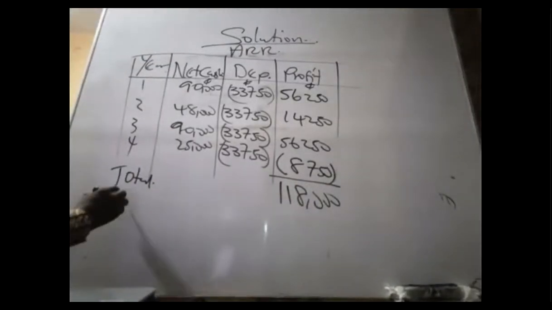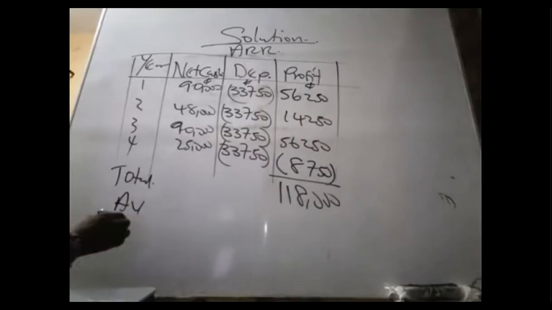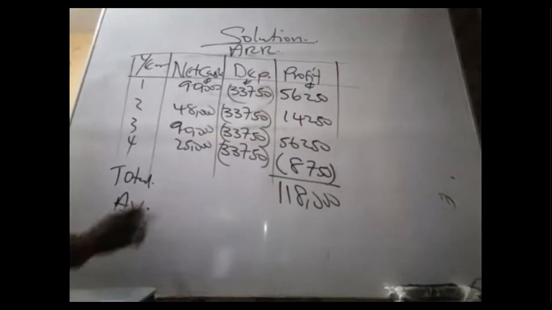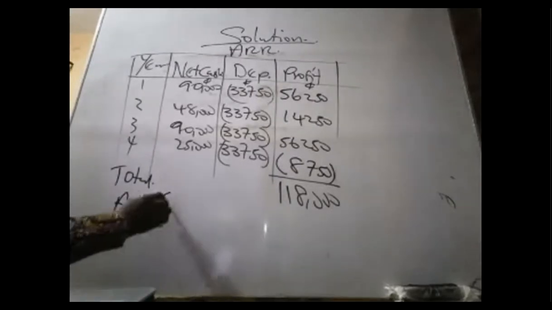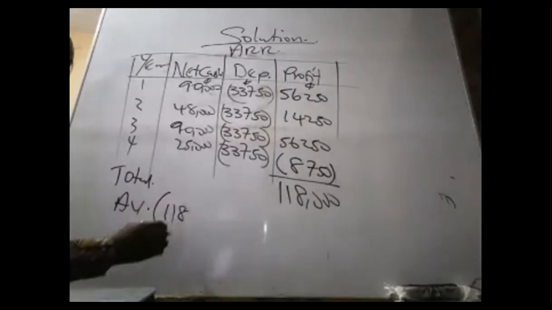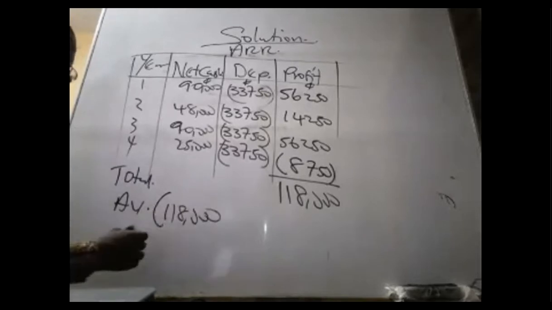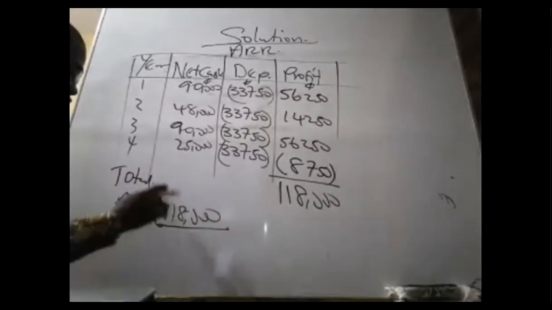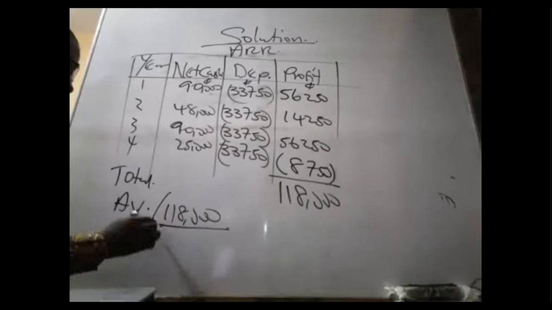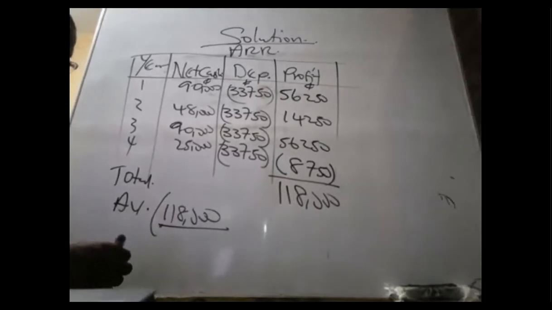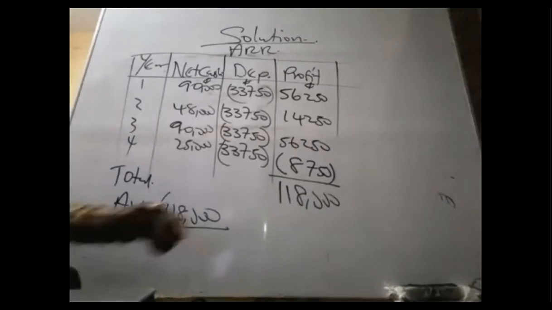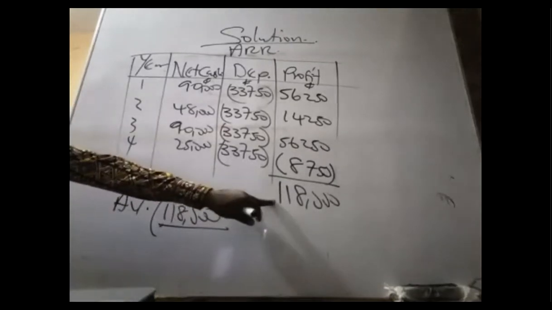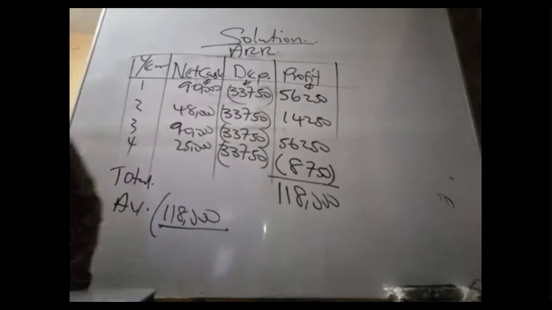Let's examine the average. We say the average is equal to the total profit divided by the number of years. We are looking for the average profit. This is the total profit, 118,000.